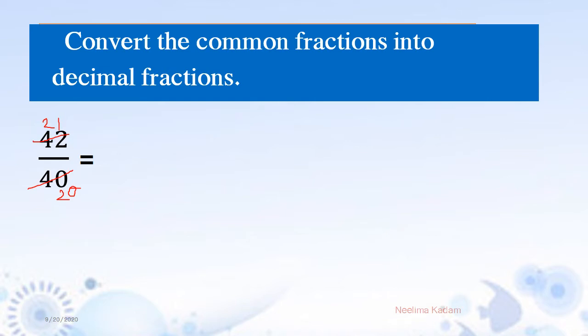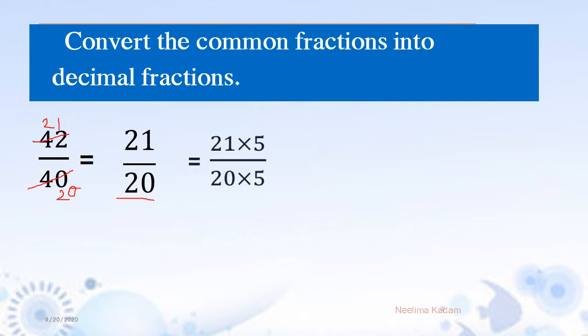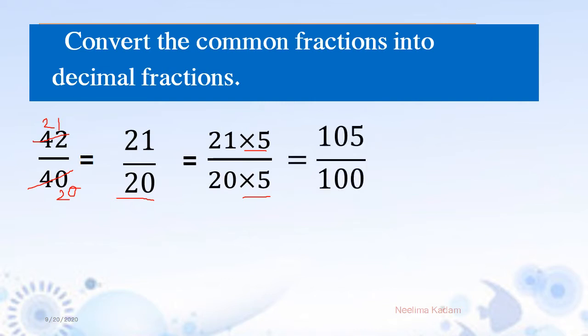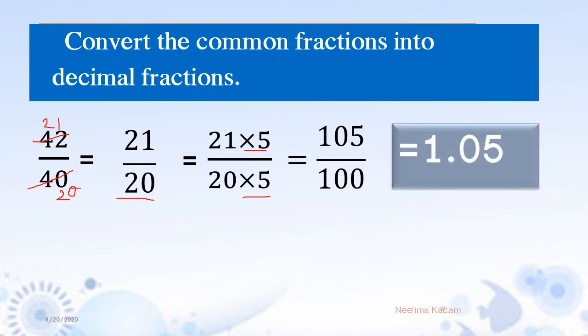So it is 21 upon 20. Now 20, so multiplying by 5, it will become 100. So 21 into 5 upon 20 into 5, because we have to multiply both the numerator and denominator by the same number. So 105 upon 100, with the decimal point we can write it as 1.05. 1 2, so count 1 2.